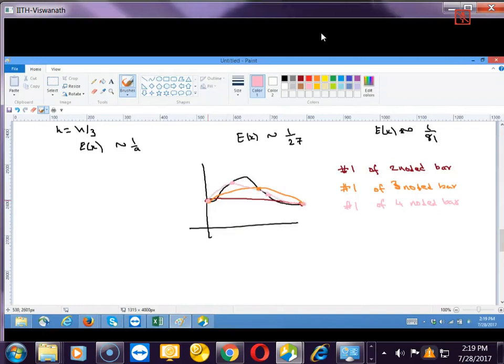So the first one is a straight line, this is a cubic curve. This one is a quadratic, whereas the only two noded is a linear curve.